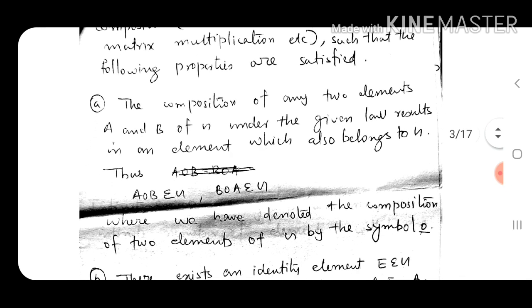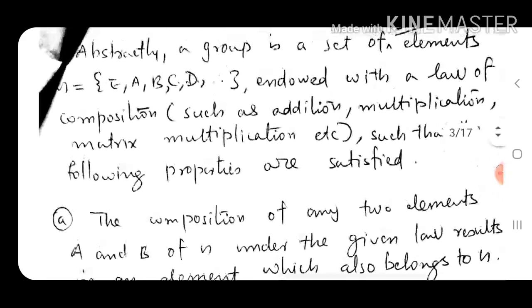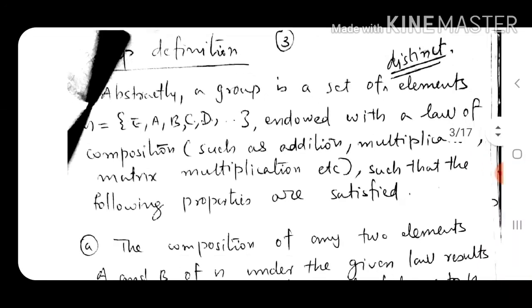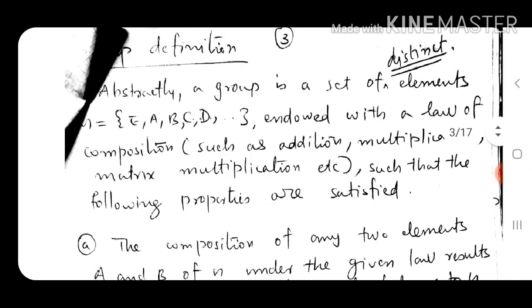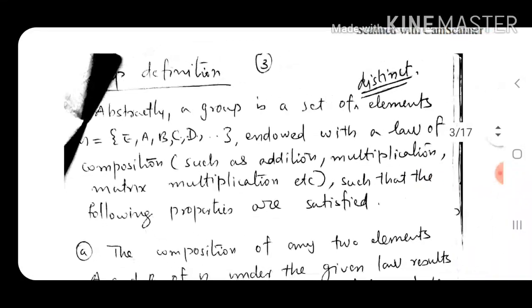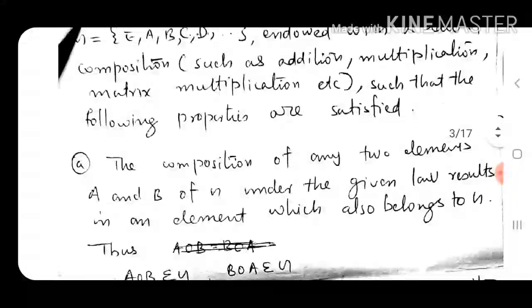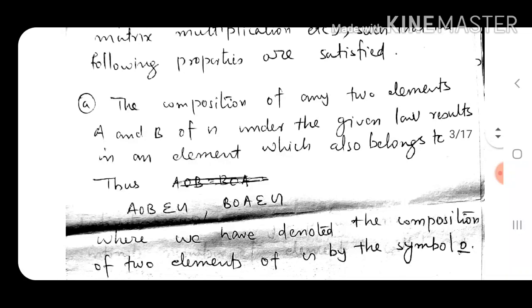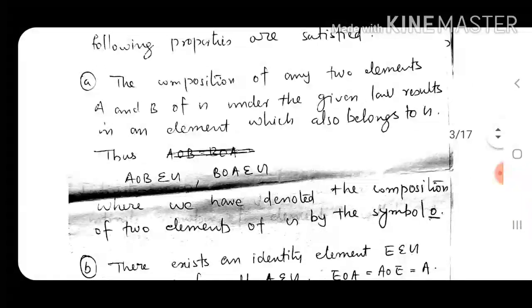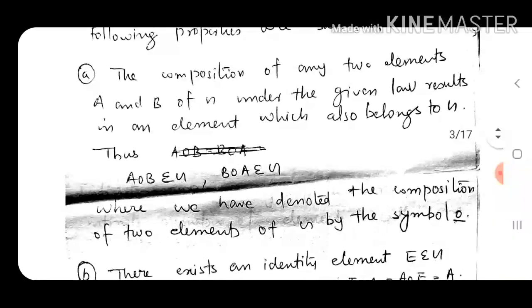The first one: the composition of any two elements A and B of this group G under the given law results in an element which also belongs to G. Thus A composition B belongs to G, and B composition A belongs to G. For composition we are using a small circle symbol, which denotes composition.